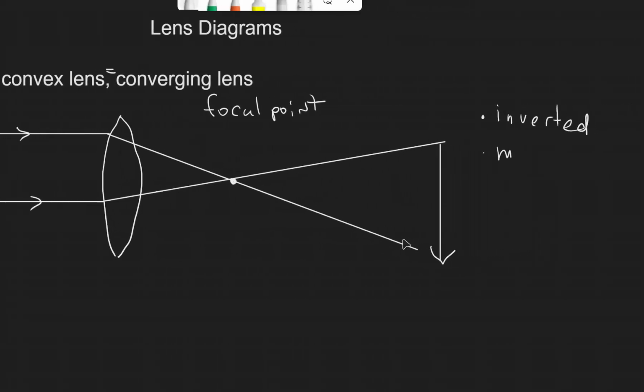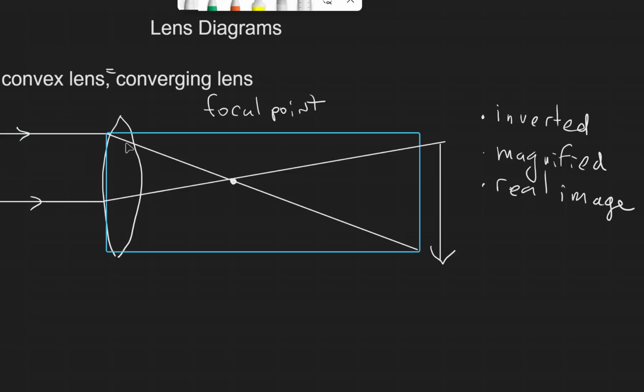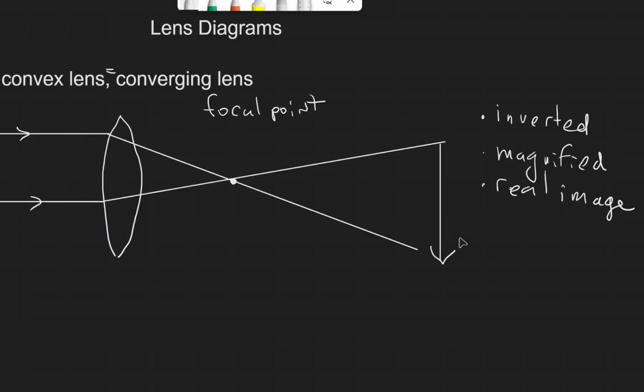It is also magnified or increased in size or similar word. And it's a real image. How do we know that it's a real image? It's to the right of the focal point. We follow the rays and we look through this and we immediately see the image.